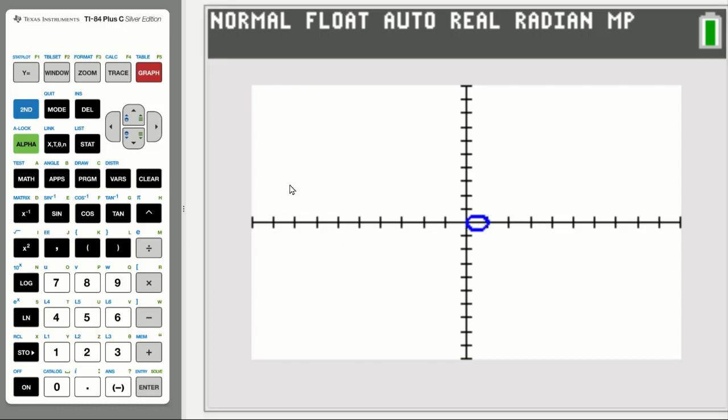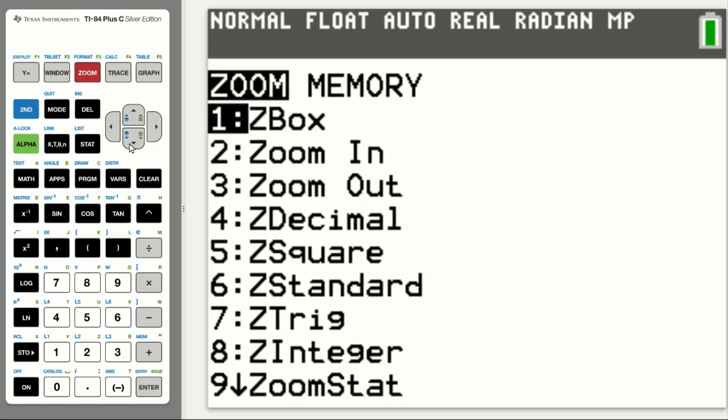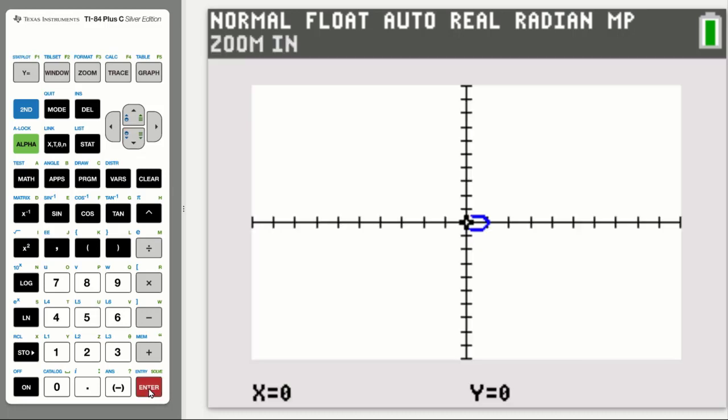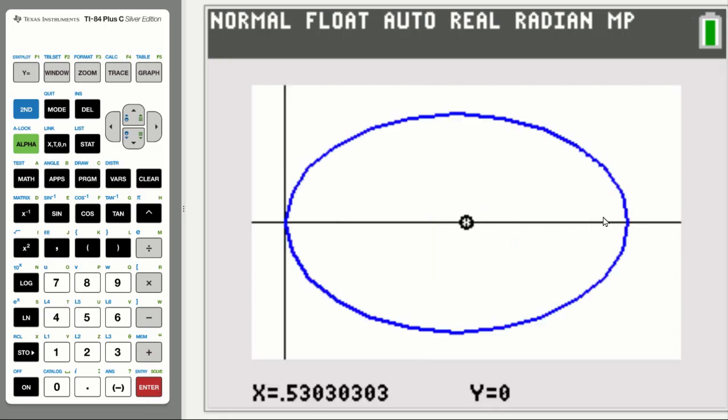But with this given graph, we can click on zoom. You can go zoom in to have a closer view. Now I'm going to move that cursor to somewhere in the middle of the loop. Hit enter, and now it's going to zoom in once. We can hit enter again to zoom in a little further. With the default zoom setting of the calculator, the scaling is going to be a little bit off compared to what we're normally seeing.